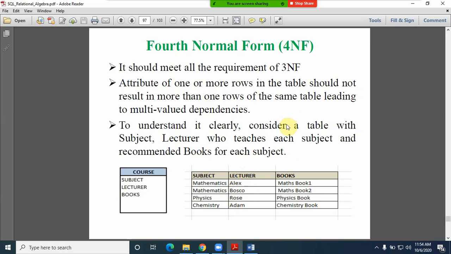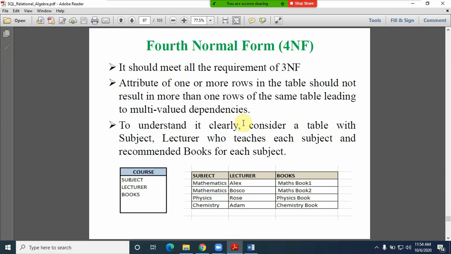The reason is, here, mathematics gives Alex and Bosco in the lecturer column, and similarly for the same mathematics we take maths book 1 and maths book 2, which is nothing but more than one row of the same table, leading to multi-valued dependency. Yes, mathematics has a multi-valued dependency, and lecturer and books also have a multi-valued dependency.